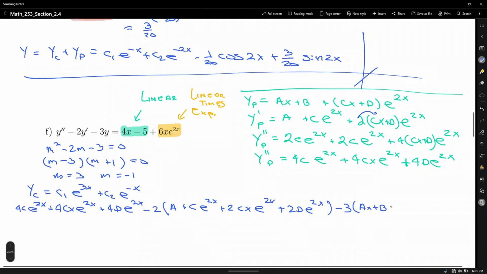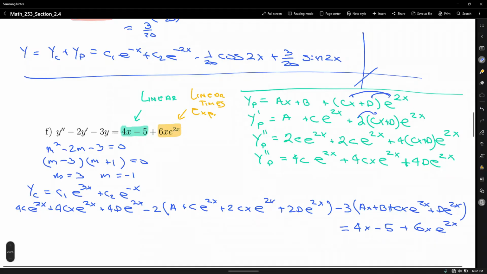Again, to avoid having too many grouping symbols, I'm going to distribute: cx e to the 2x plus d e to the 2x, and let that be equal to 4x minus 5 plus 6x e to the 2x. Okay, that's only the setup.